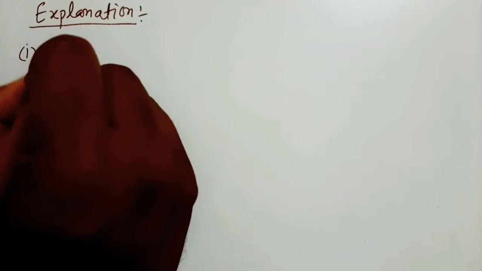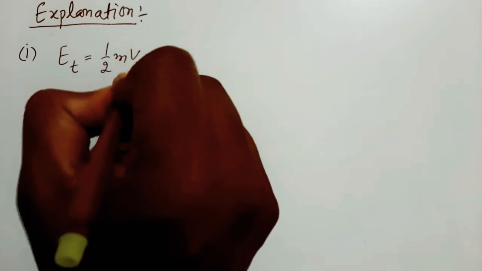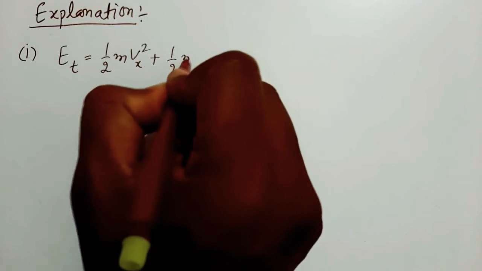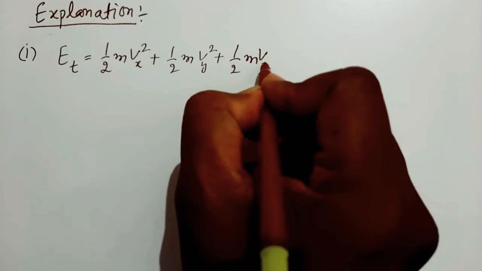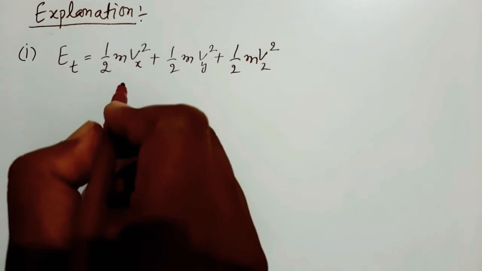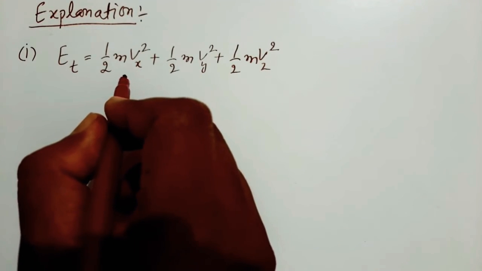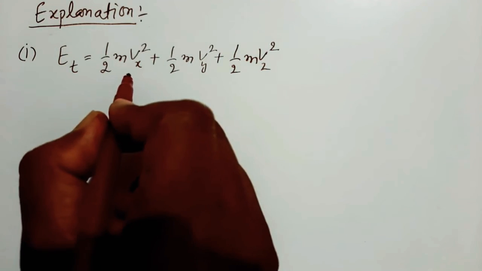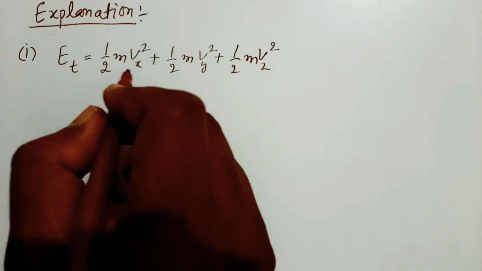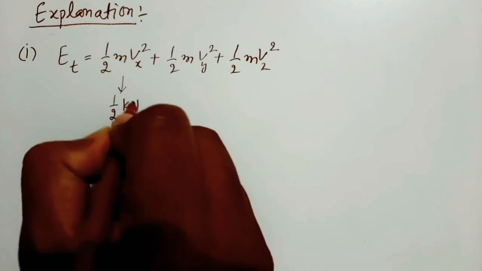Total energy in translational motion, that is Et, we know is 1/2 m vx square plus 1/2 m vy square plus 1/2 m vz square. So it has three modes. According to the law of equipartition of energy, each mode has an average energy of half kBT.